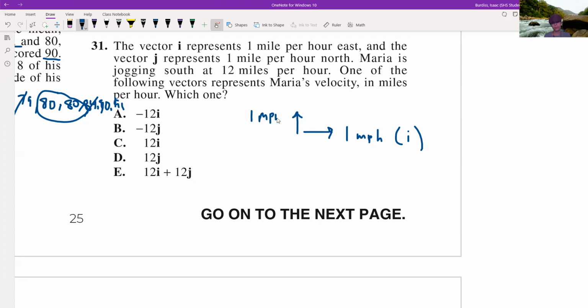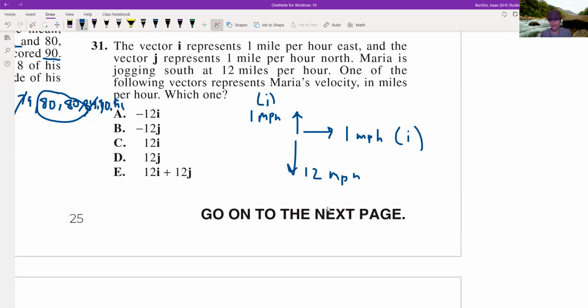And, okay. Maria is jogging south at 12 miles per hour. What is the vector of Maria's velocity?